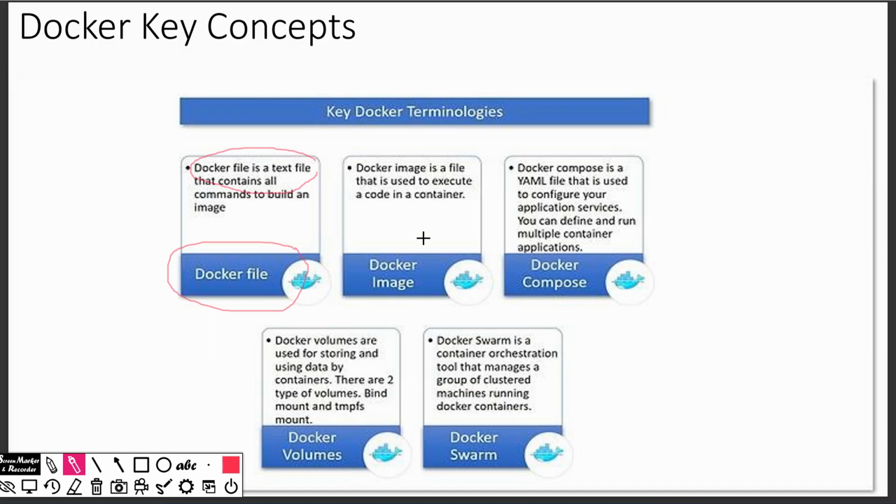Without having the Docker image, you cannot create the Docker container. Remember this, guys: if you want to create a container, the first prerequisite is that you must have a Docker image. Some default images are available over the internet. If you want to make any customized image, with the help of the Dockerfile you can create the Docker image. Fine.